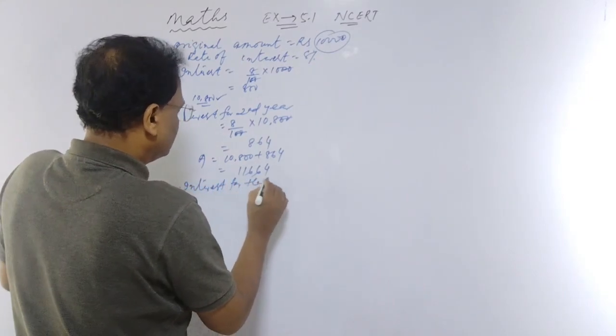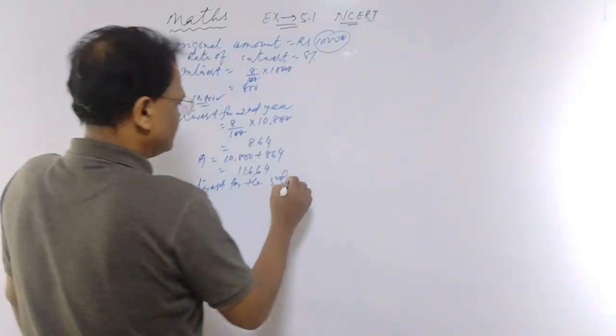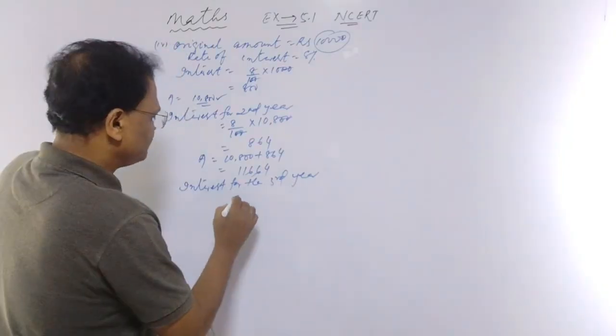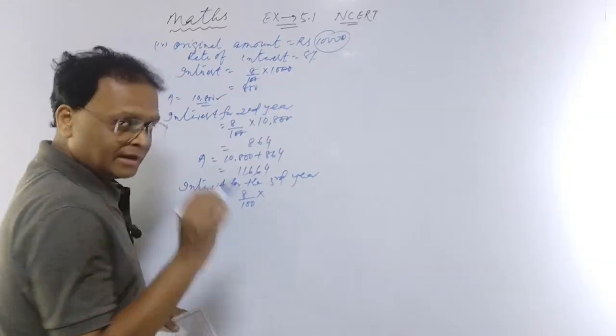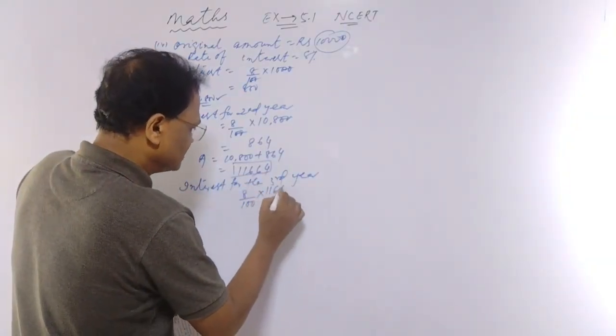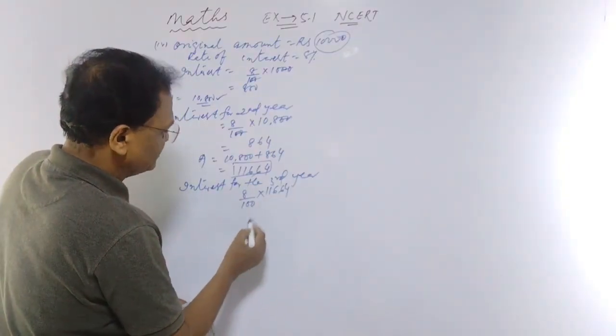Again the same thing. 8% is 8 by 100, and now I'll take the principal 11,664.